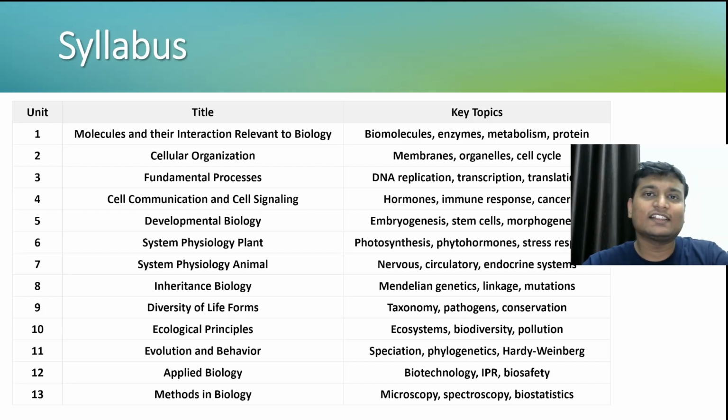So let's have a look at the syllabus. As you can see the syllabus on your screen, molecules and their interaction, which is basically biomolecules, and then you have the cell, the entire cell chapter. Then you have DNA, replication, transcription, translation, and you have your animal and plant physiology, and then you have some bioinfo techniques, and then you have the evo part, ecology, evolution, and a little bit of bioinformatics, microscopy and biostatistics.